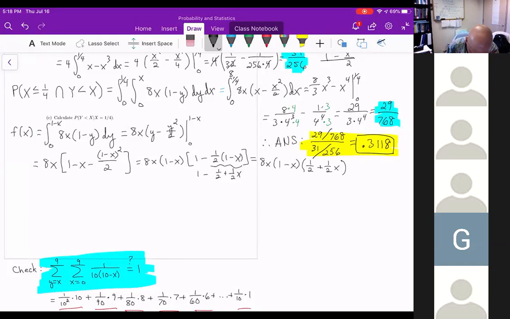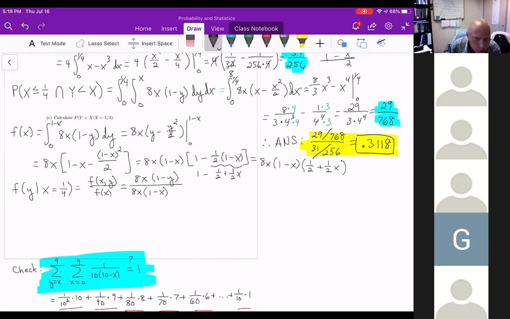So it's at this point I want to put together our conditional distribution. This is f of y, given that x is 1/4. Remember, by definition, this is your f of xy divided by your f of x. F of xy is 8x times 1 minus y. And we just got our marginal to be 8x, 1 minus x.